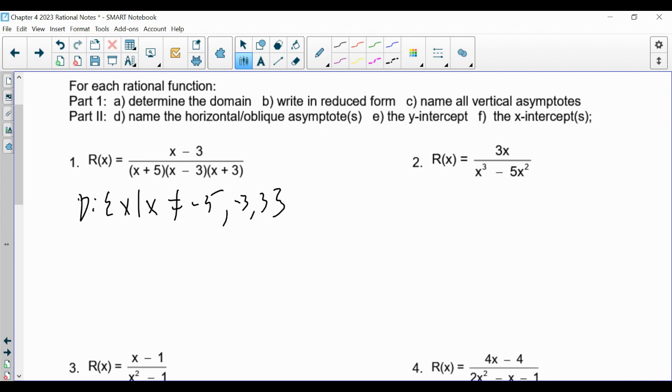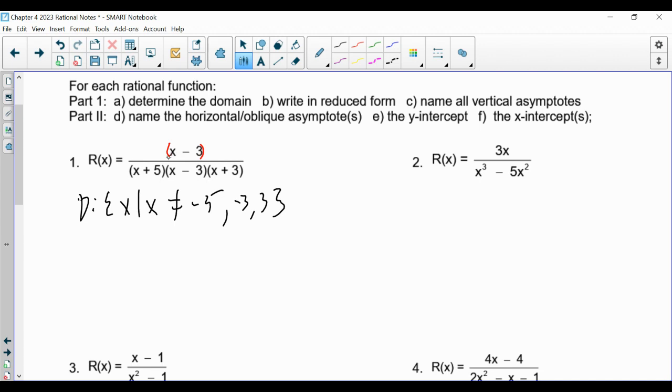Okay. Now for part B, part B wants us to write in reduced form, which literally just means after you factored it, after you've written the domain, look at the numerator and denominator, and if you see the exact same factor, then cancel them out. In this case, you'll notice I put those parentheses there because it was the only thing on top.